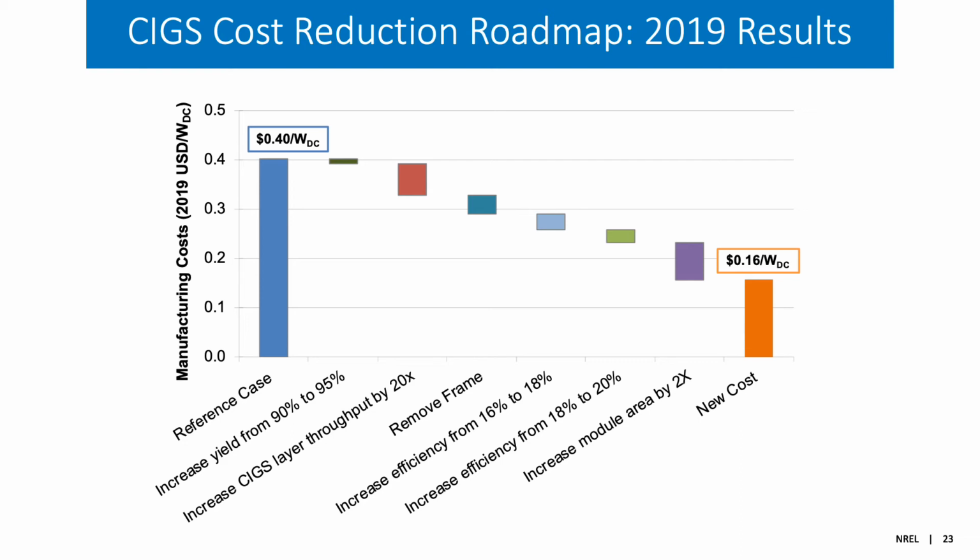In this case, the example is shown for a 2x increase in module area. And if you add all of these together, you could end up at some module with a manufacturing cost of around 16 cents a watt DC. Again, that's not the price you would see. It does not include overhead, and it doesn't include any profit, but that's kind of what you're looking at here.